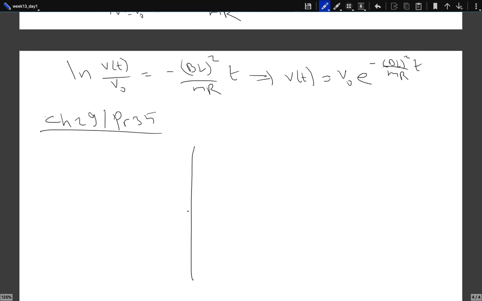So in this problem, we have this current carrying wire, which carries a current I, and near it there is a rod. This rod is at a distance b, has a length a, and it is moving with a speed, let's say, v.